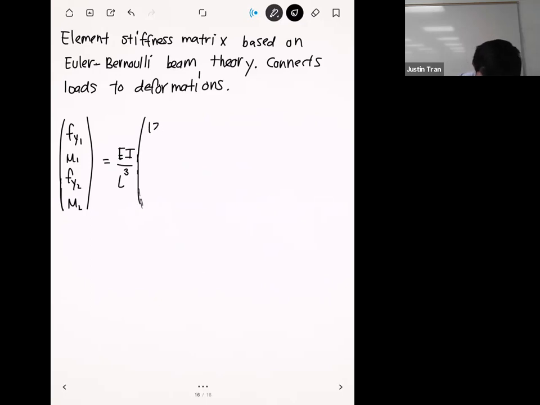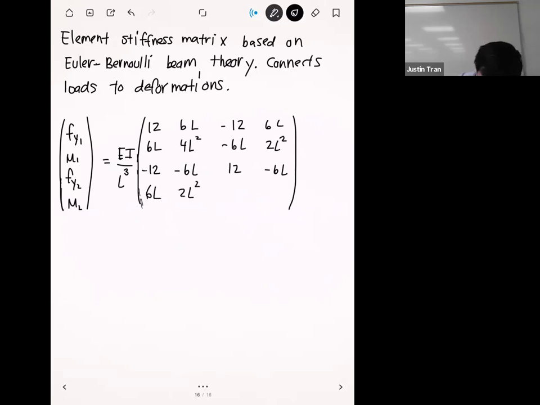Then we have our 4x4 element stiffness matrix: 12, 6L, minus 12, 6L; then 6L, 4L squared, minus 6L, 2L squared; minus 12, minus 6L, 12, minus 6L; 6L, 2L squared, minus 6L, 4L squared.